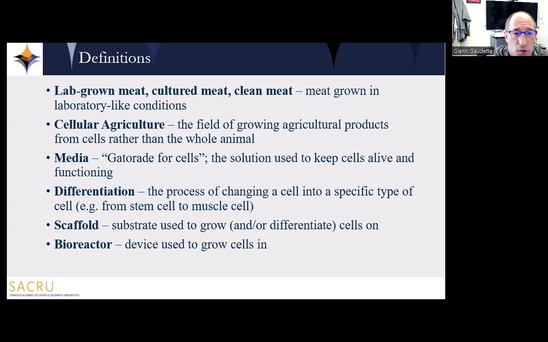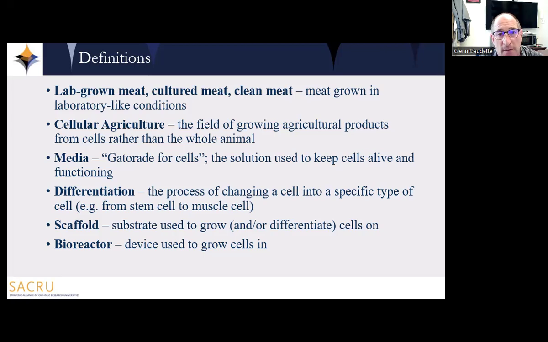You'll hear me refer to lab-grown meat or cultured meat or clean meat. These are various names that have been used at different points in the field. It really refers to meat grown in laboratory-like conditions. Cellular agriculture is the field that is above lab-grown meat, and it deals with growing agricultural products from cells rather than whole animals.